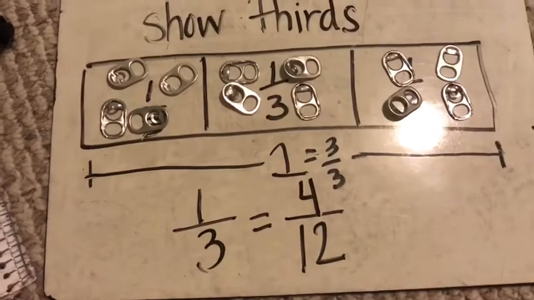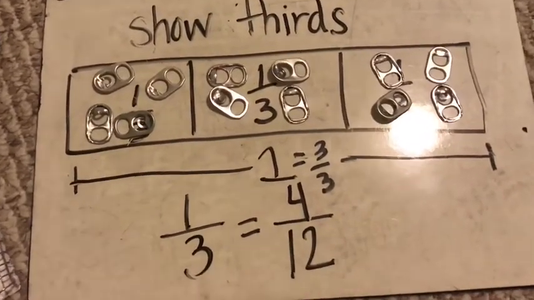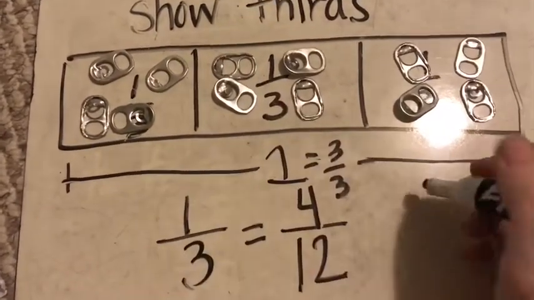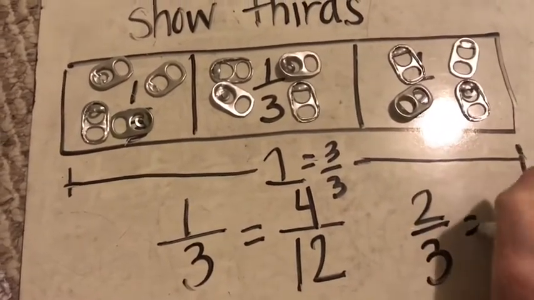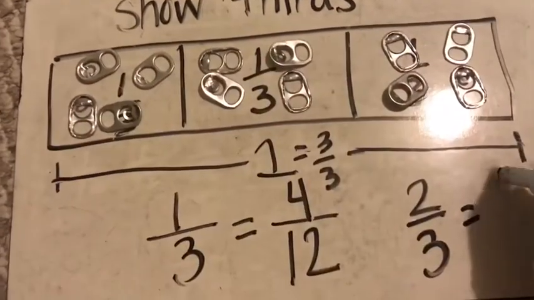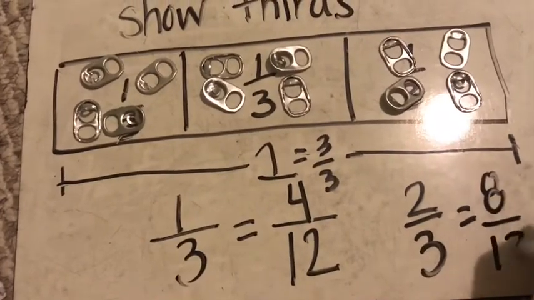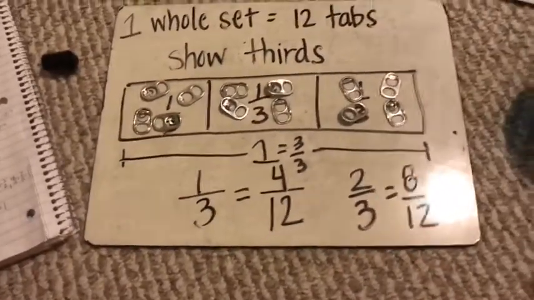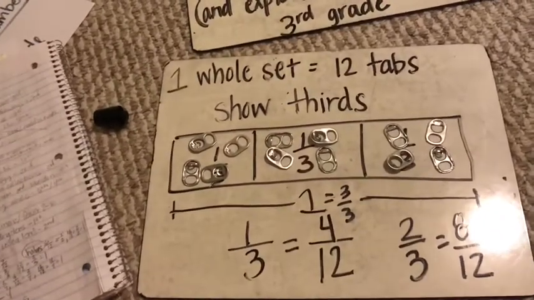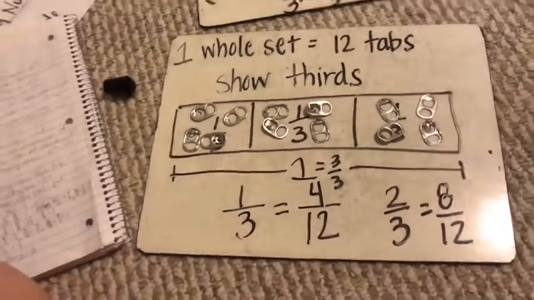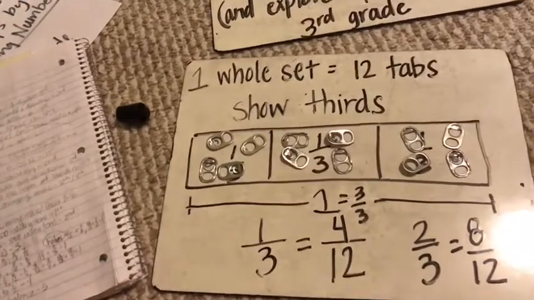So for students that are ready, you can start exploring some equivalents here. Well, you could say things like, okay, so what is equivalent to 2/3? Well, that would be 4 and 4 is 8/12. So you can see how I can start with showing those thirds and writing the fractions for the thirds, but I can also get into equivalence once students are ready.